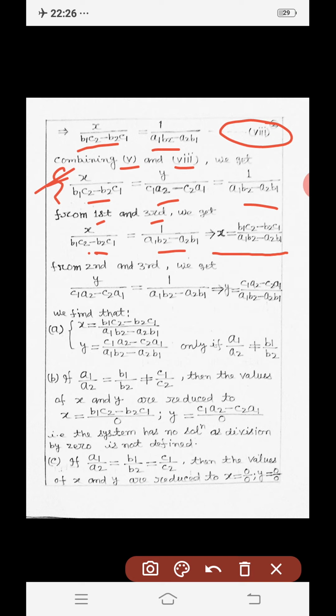Again from second and third, we get y by (c1 a2 minus c2 a1) equal to 1 by (a1 b2 minus a2 b1), and this implies that y is equal to (c1 a2 minus c2 a1) by (a1 b2 minus a2 b1).